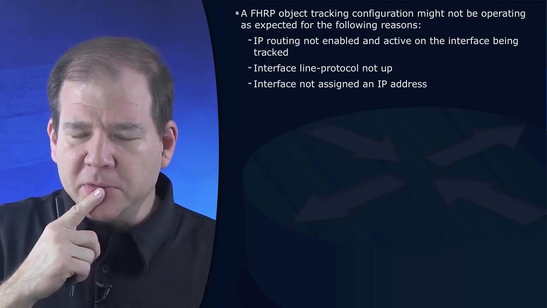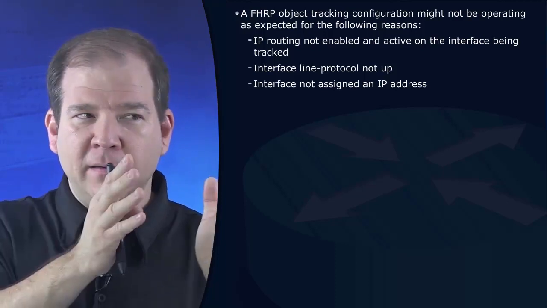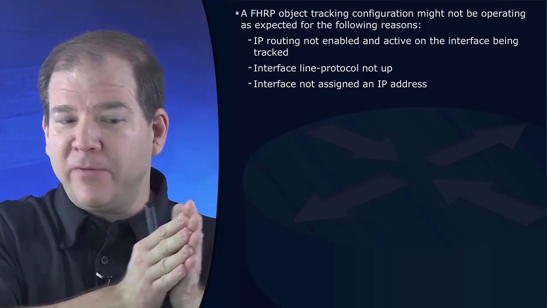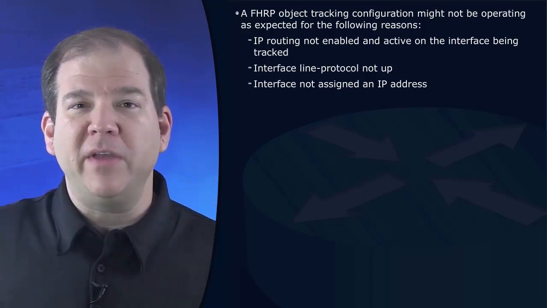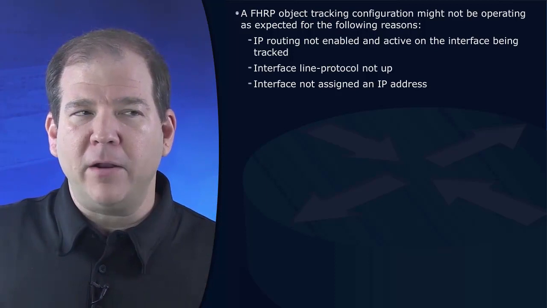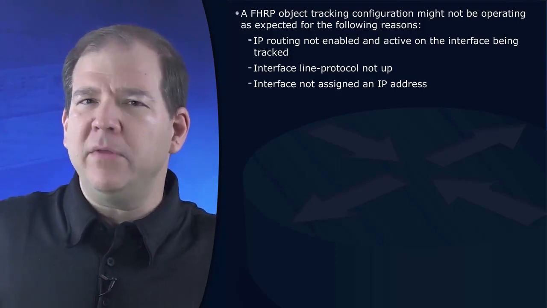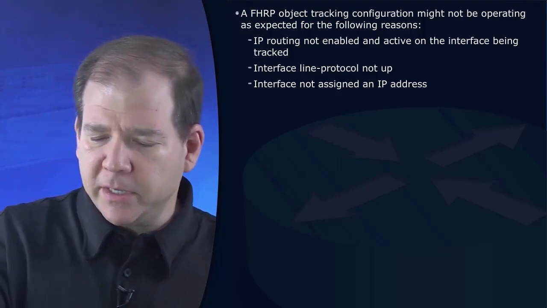However, sometimes we want to have that standby router become active, not just because it's no longer receiving hellos from the currently active router, but maybe something beyond the active router has an issue. Let me sketch this out for you.